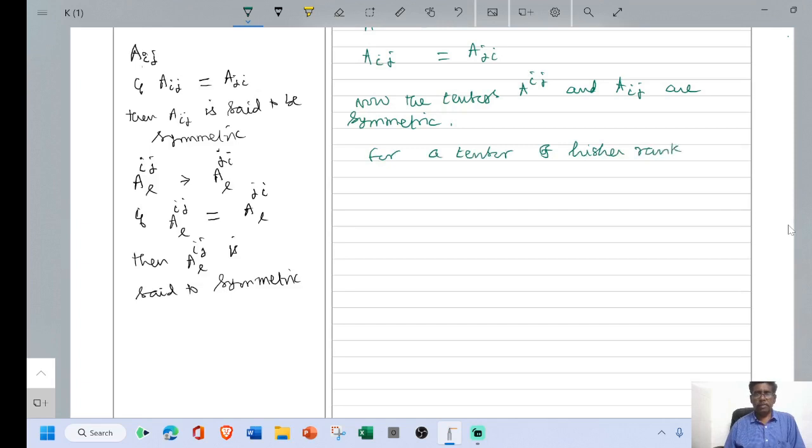Higher rank means mixed tensor, rank i, j, k, l. This tensor of rank 4, a high rank tensor, has 3 contravariant terms and 1 covariant term.